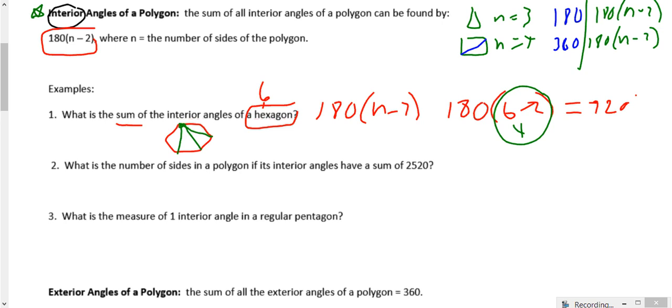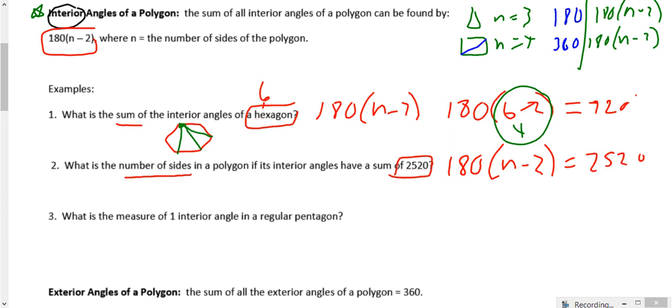Next question. What is the number of sides in a polygon if its interior angles have this sum? Now here we have the answer. So we know that if we took 180 times the number of sides minus 2, which we don't know, we would get 2,520 degrees. So this is a question of working backwards.